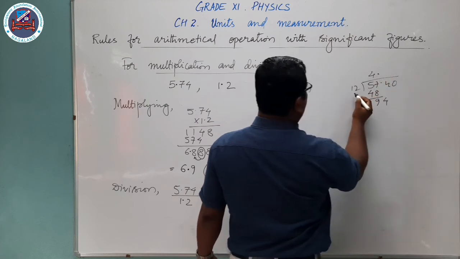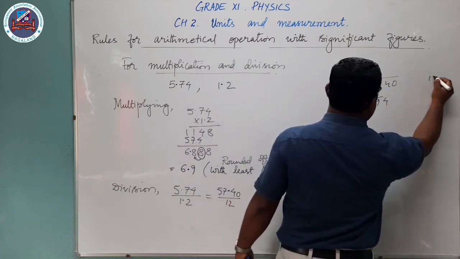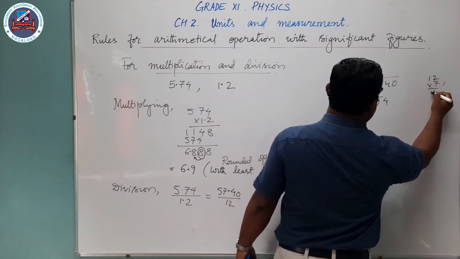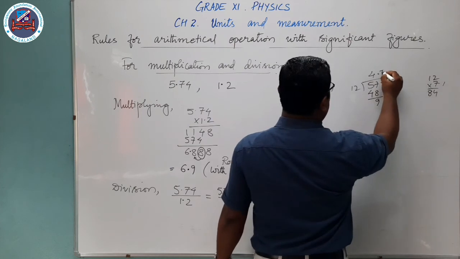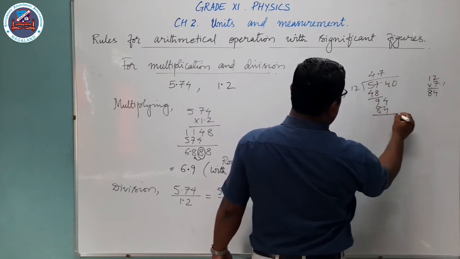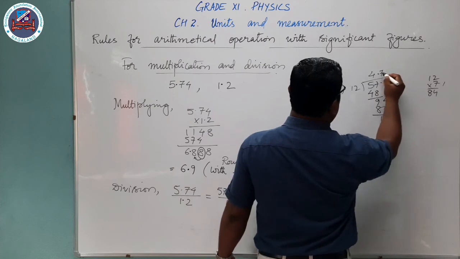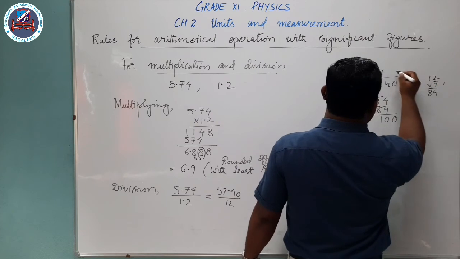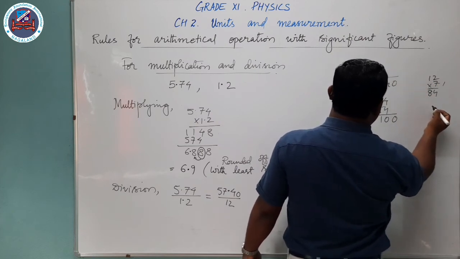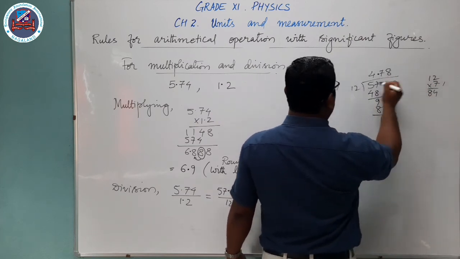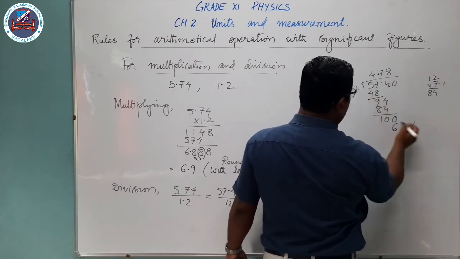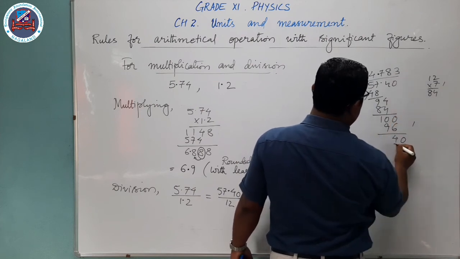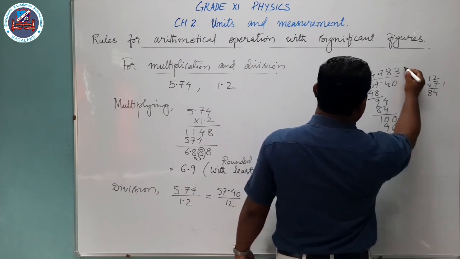Decimal will come here. 12 8s are 96. 12 7s are 84. Then 0, if I put again, 12 9 times. Now I will cross this number 8 times. 8 2s are 16, 6 and 1 in hand, 8 9s are 96. This is 4, 0, 12 3s are 36. Then it will go on 3, 3 and so on.